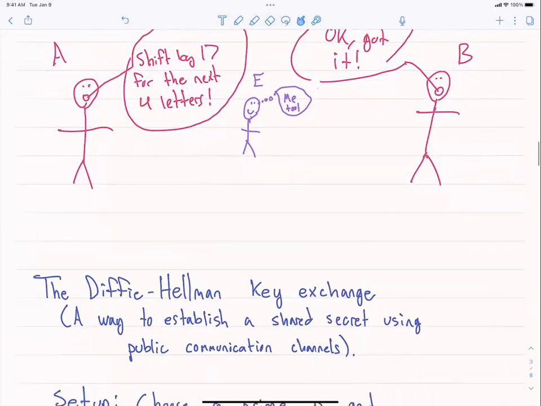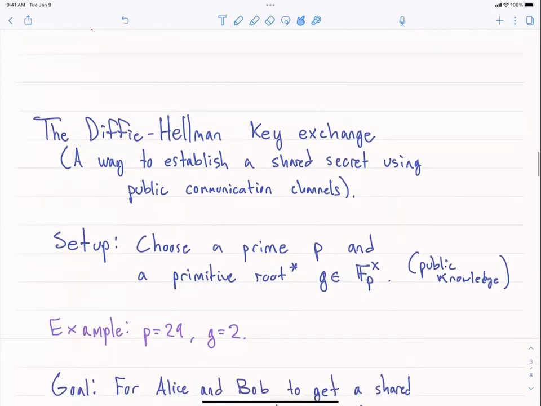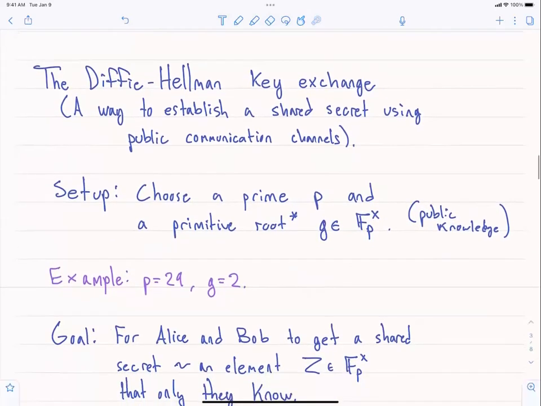So the idea of the Diffie-Hellman key exchange is to address this. The Diffie-Hellman key exchange is a way to establish a shared secret using only public communication channels. So in this case, it's a way for Alice and Bob to shout things at each other across the hall. Each one of those things is something someone else can listen to, but in the end, they'll have a shared secret that no one else knows, even if they heard everything else.